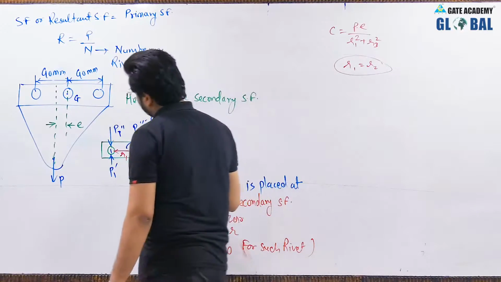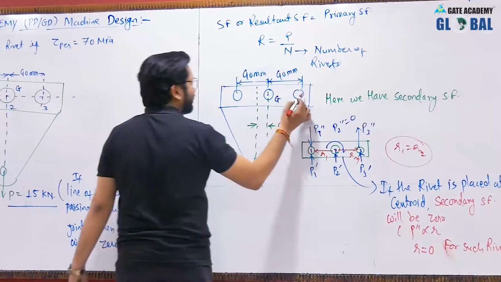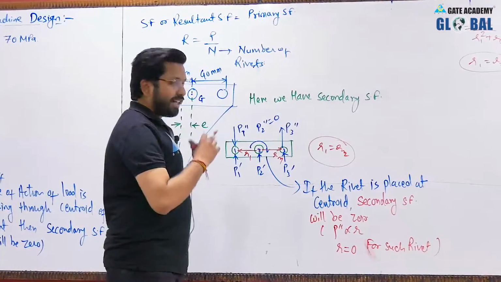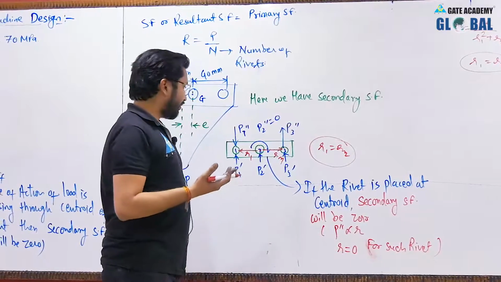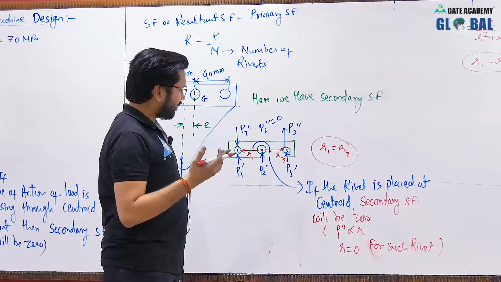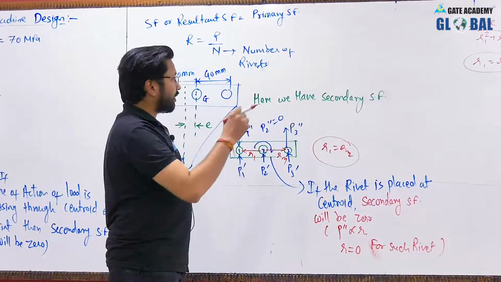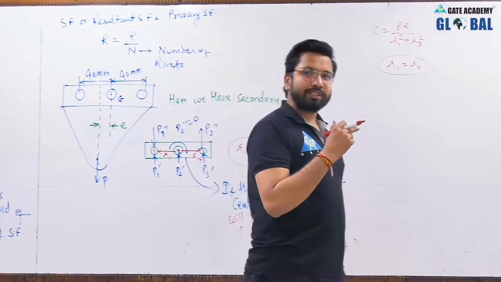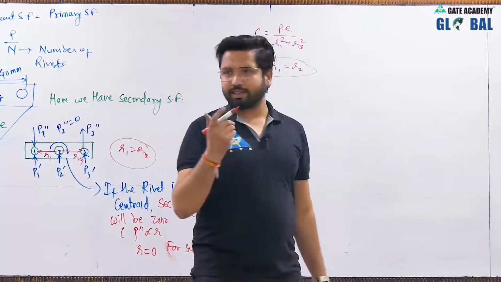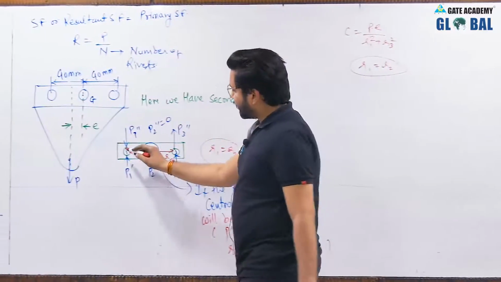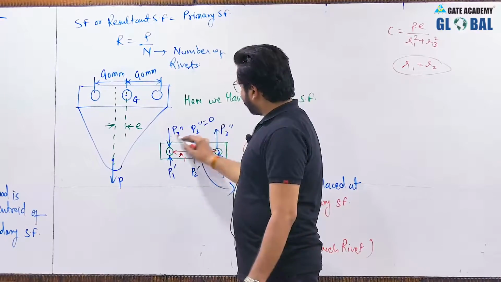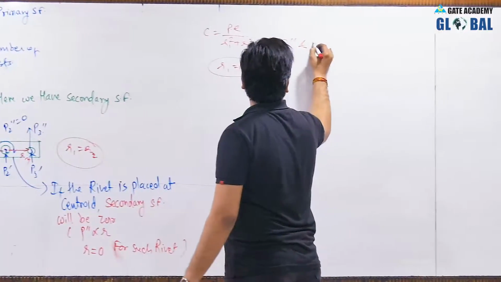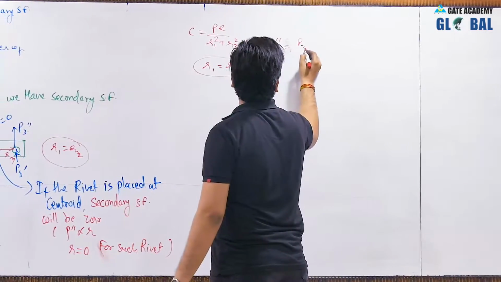Hence again the rivet which is farthest from the centroid will be having the greatest value of secondary shear force. Now, as the radial distances are the same, these two secondary shear forces, P1 double dash, will be equal to P3 double dash.